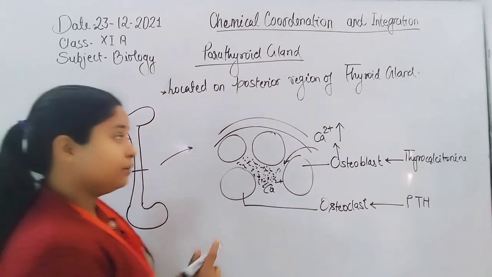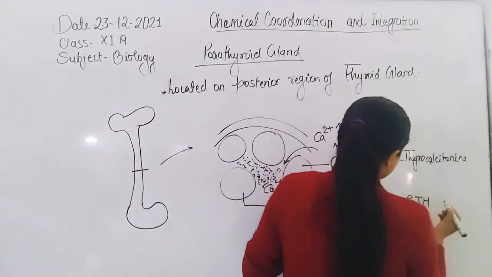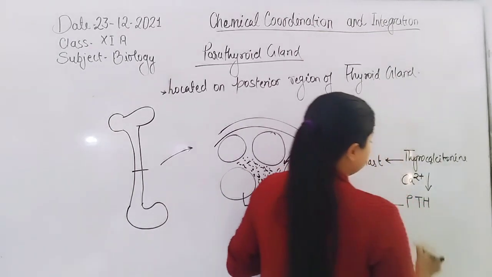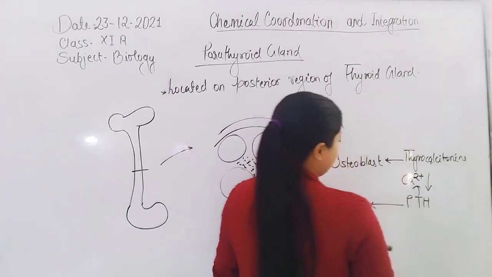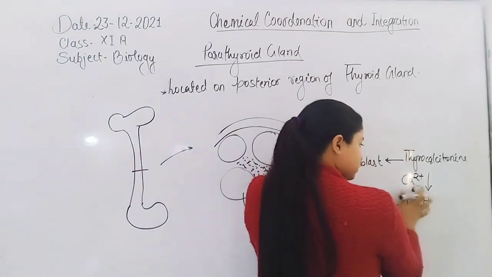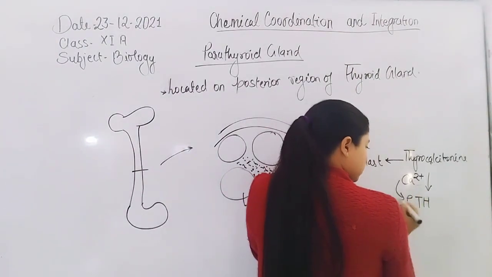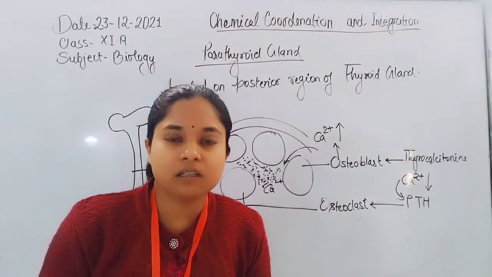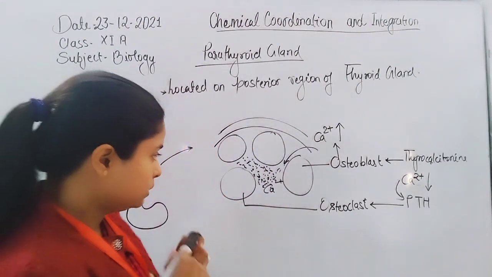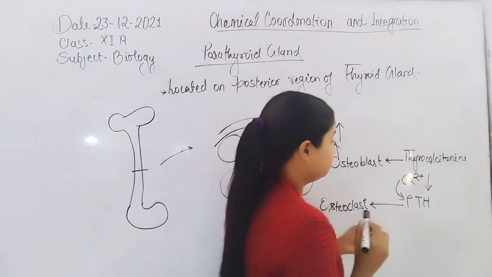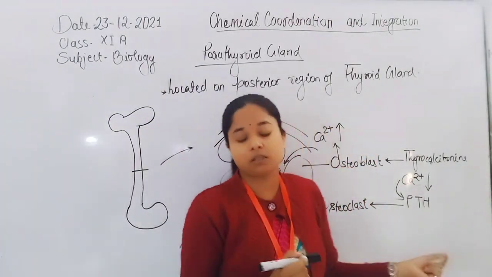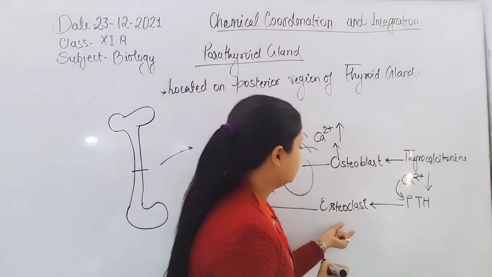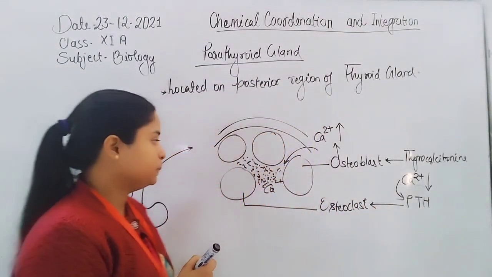Now what happens if the calcium level decreases? If the calcium level decreases in our blood, the signal is transmitted by the PTH hormone, parathormone, which is secreted by the parathyroid gland, and that provides a signal to guide the osteoclast cells.